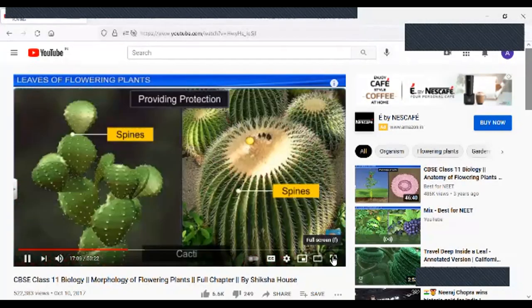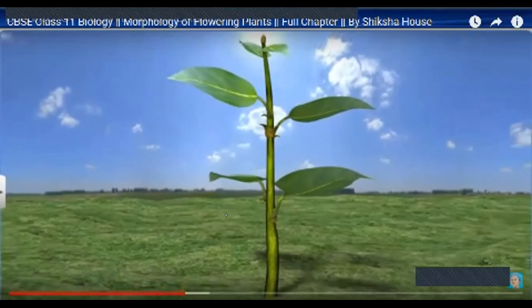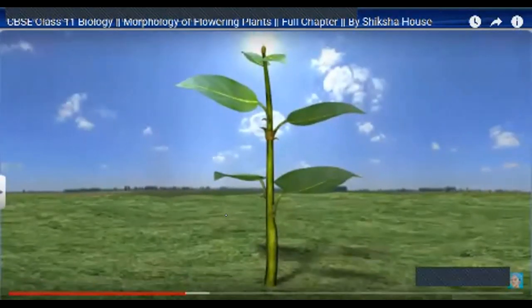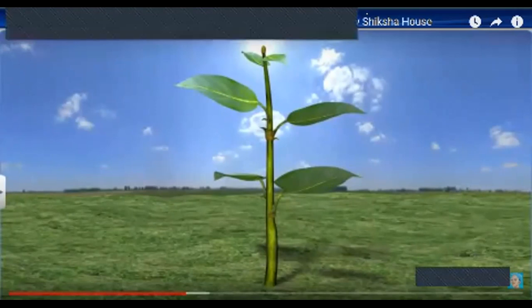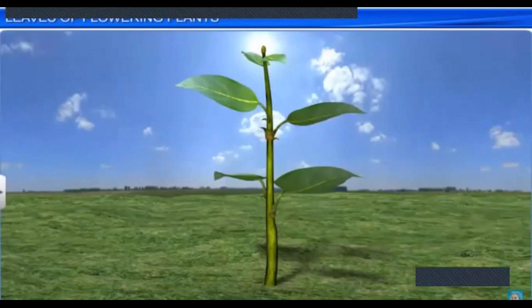Spines for protection. Leaves, therefore, are an important part of a plant. Apart from carrying out the chief function of photosynthesis, it stores food and provides protection and support in many plants.